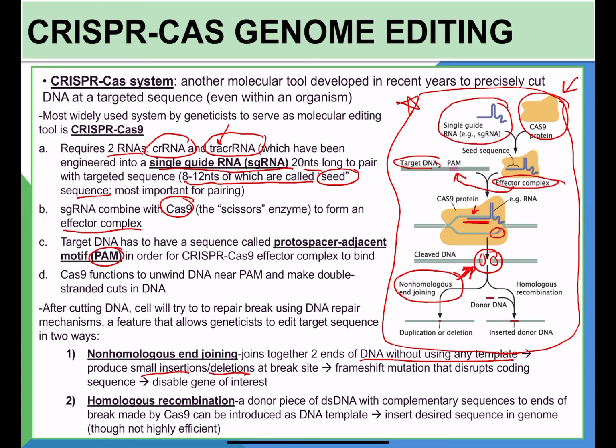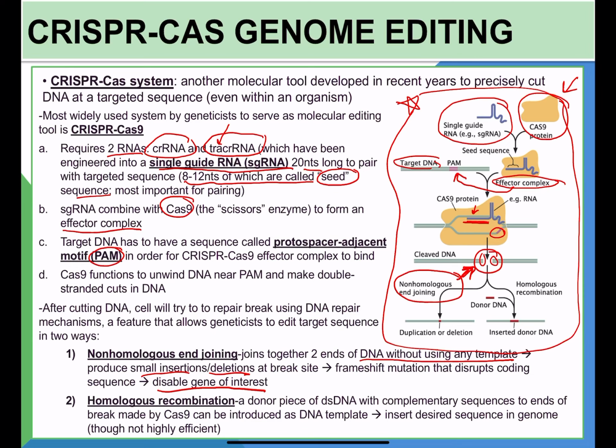And remember, we just talked about from last chapter that indels will create frame shift mutations that can disrupt the coding sequence, and hence you end up with a loss of function within the protein, hence disabling your gene of interest. So that's how you end up with a non-functional protein, but yet you don't cause crazy things going on in your cells because there's a broken piece of DNA somewhere, okay?